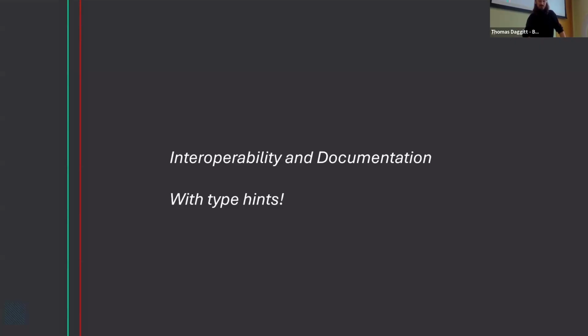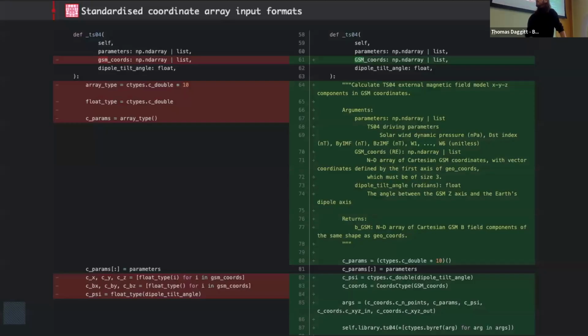Despite starting with noble intentions and documenting the first few things I wrote quite excessively, I had almost nothing. So I ended up writing proper documentation strings, going away and Googling what you actually need in a documentation string, and finding out that Python had type hints.